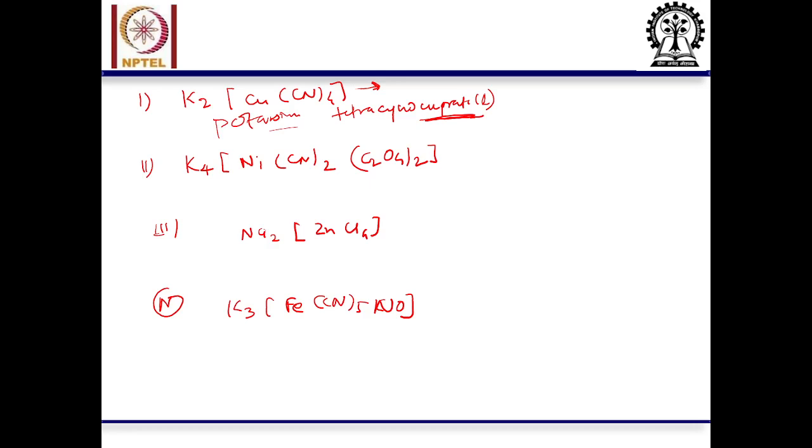Yes, correctly pointed out: it is the nickel in the +2 oxidation state. So I will just write it now. Potassium dioxalato nickelate. Here this is cyano, C, and this is oxalato, O. First C will come, then O. So dicyano, dioxalato.